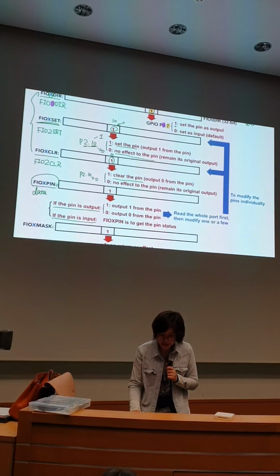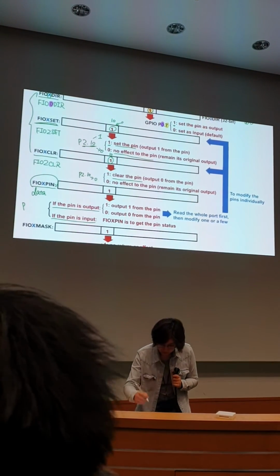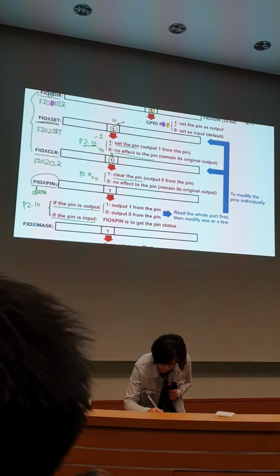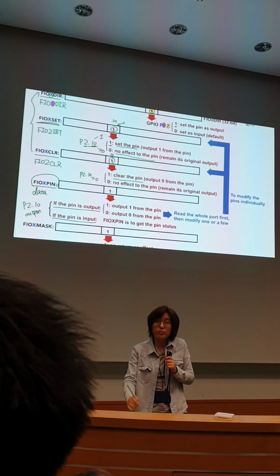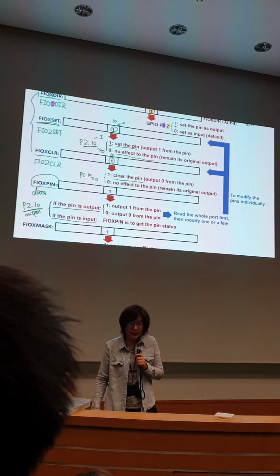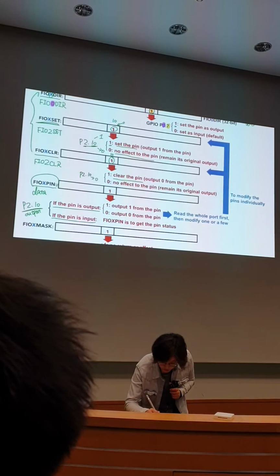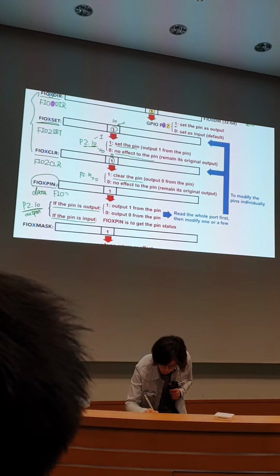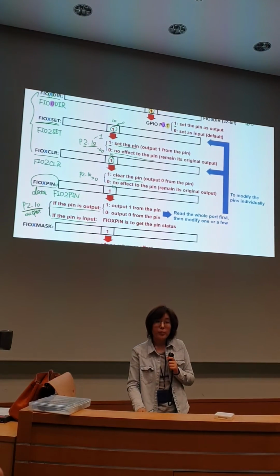So there are a few cases. Let's say just now we have set P2.10. Let's say this one is an output, because just now we are trying to output 1 or 0 from this pin. So let's say your P2.10 now is an output. And you go to the register FIO2 pin and then look at bit 10.